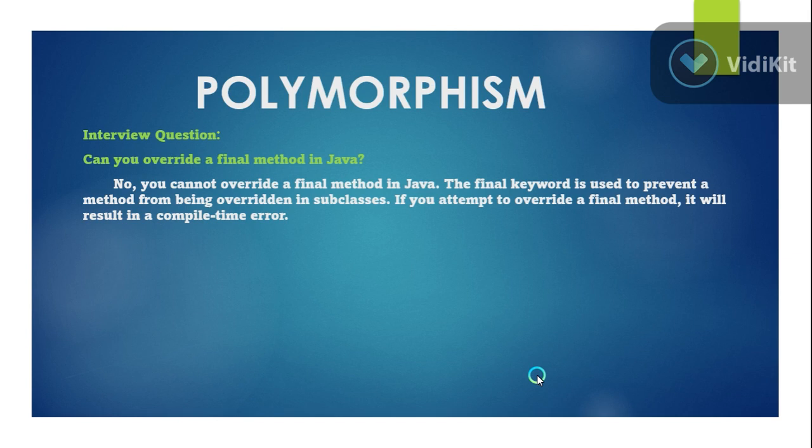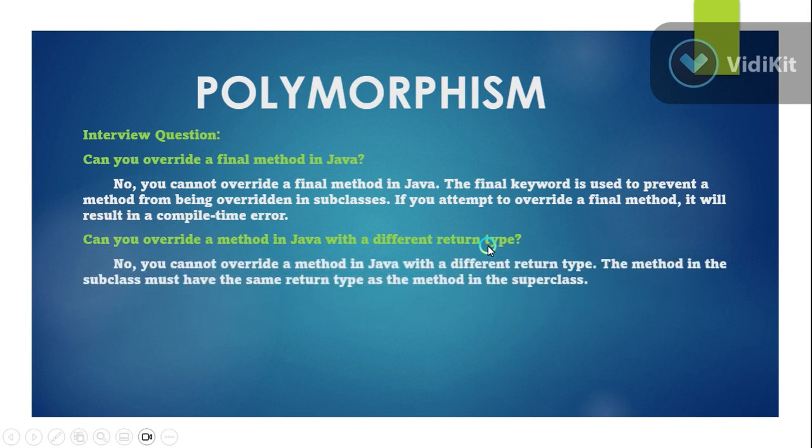The final keyword is used to prevent a method from being overridden in a subclass. If you attempt to override a final method, it will result in a compile time error, isn't it? Can you override a method in Java with a different return type? No. You can't override a method in Java with a different return type.